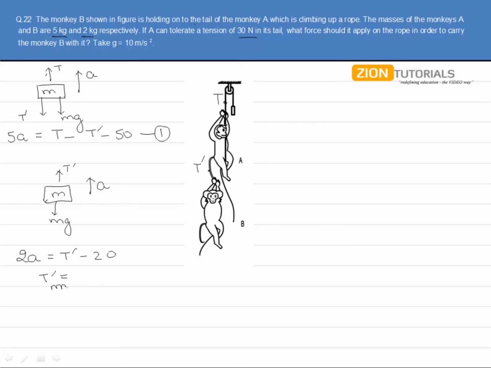Since we already know that T dash maximum is 30 newtons, as given here, it gives us the acceleration to be 5. Now putting this acceleration in the first equation along with T dash, we get the tension to be 105 newtons.